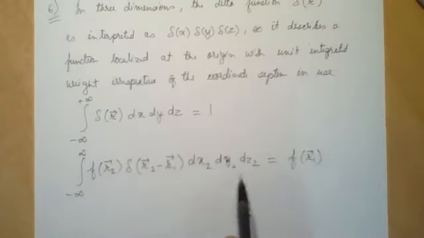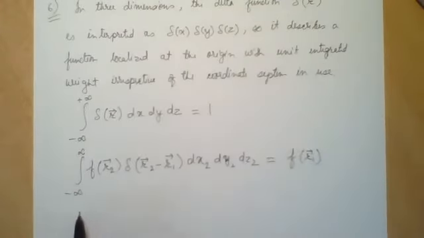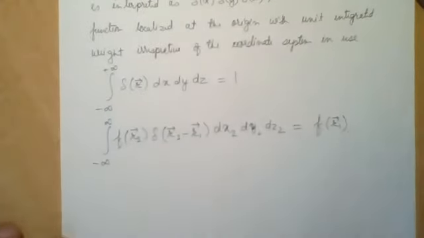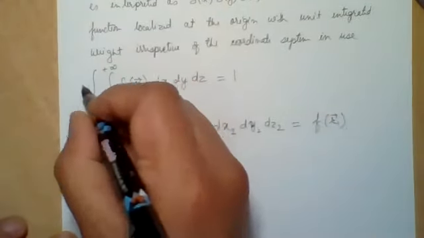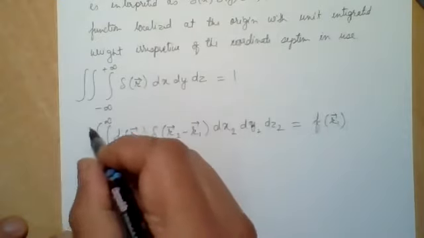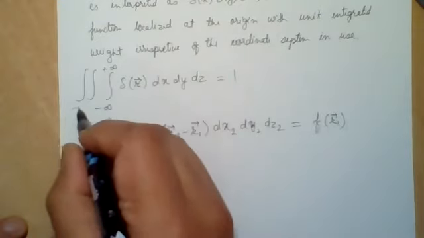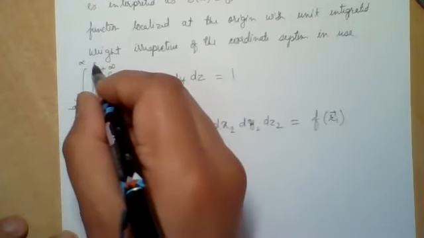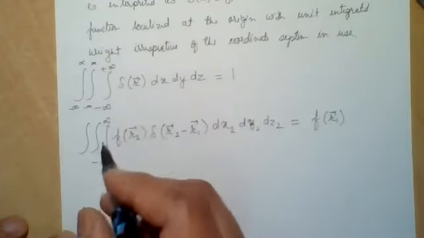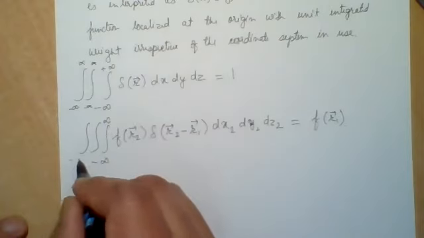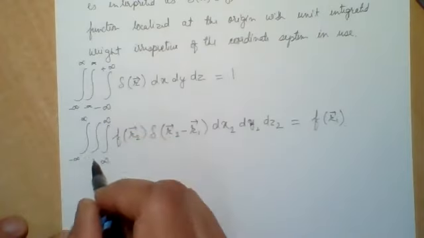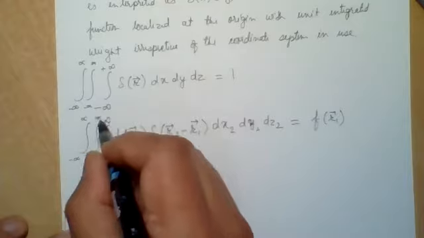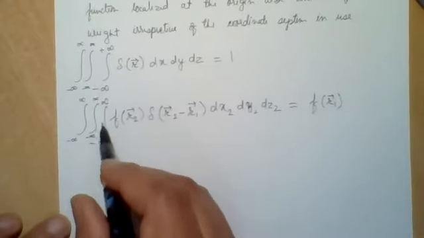Here dx2, dy2, dz2 are all integrated from -infinity to +infinity. This is actually a triple integral, with x from -infinity to +infinity, y from -infinity to +infinity, z from -infinity to +infinity.